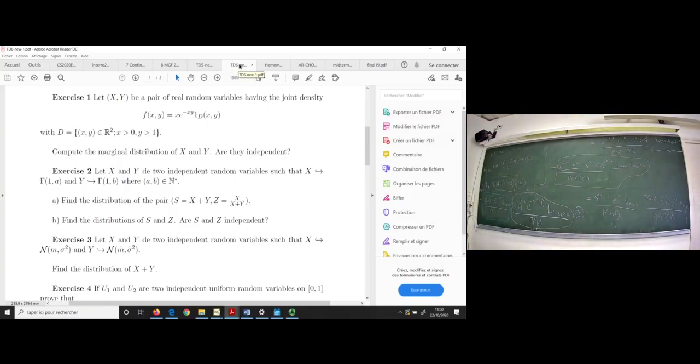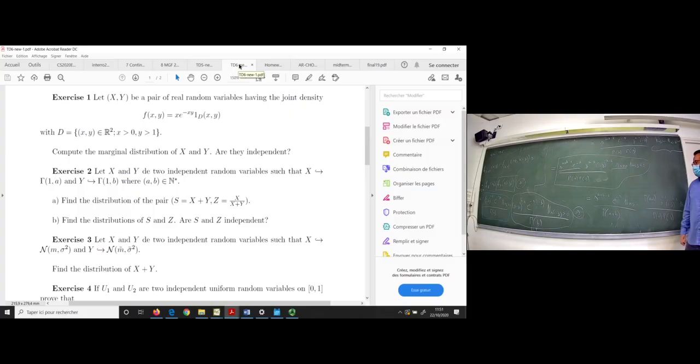And in fact, now it's finished if I do this. Why is it finished? Because suppose that you want to find the density of Z. You have to compute the integral with respect to S. But you know that the integral of this term is 1. So the density of Z is this one. And I know that they are independent. So the density of S will be the joint density divided by the density of Z. That is exactly this one.